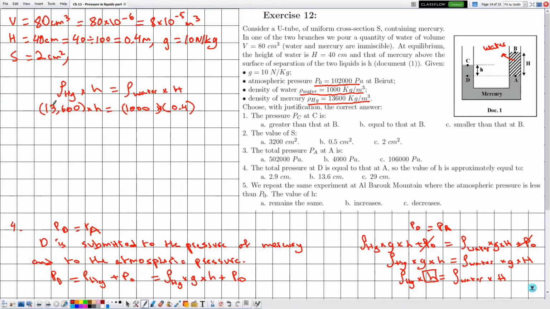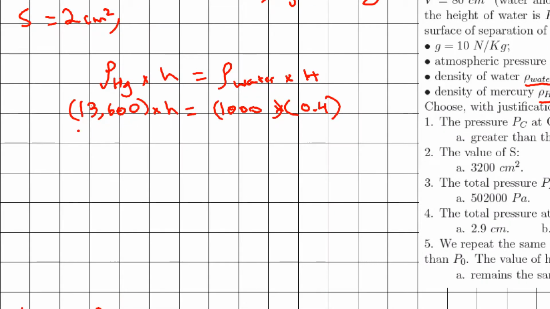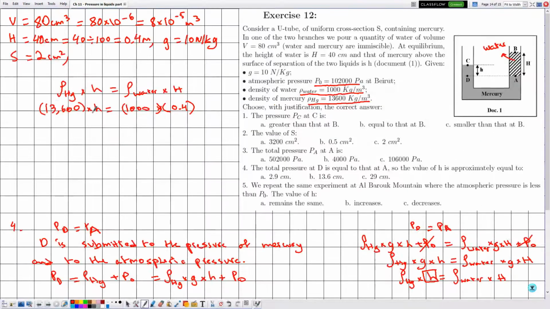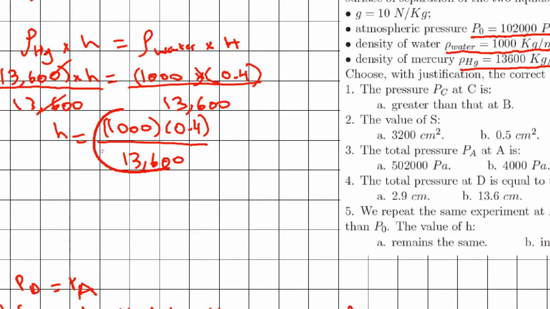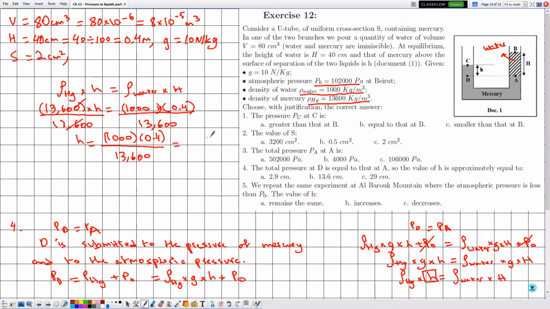So now we have determined the value of 13,600 H, but we are interested in determining the value of H. So dividing both sides by 13,600, then the value of H is given by this fraction.